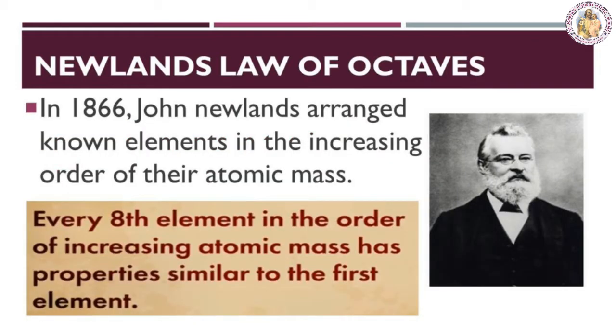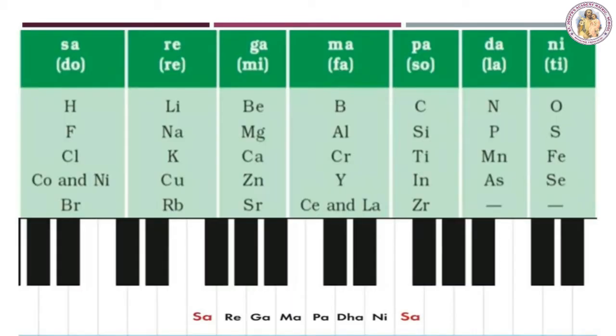In 1866, John Newlands arranged known elements in the increasing order of their atomic mass. This law states that every eighth element in the order of increasing atomic mass has properties similar to the first element. Has anybody played piano? John Newlands arranged the elements based on octaves, that is 8 notes. The octave of the Indian music system is Sa, Re, Ga, Ma, Pa, Dha, Ni, Sa.